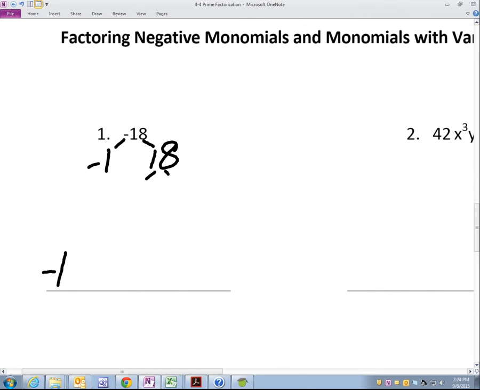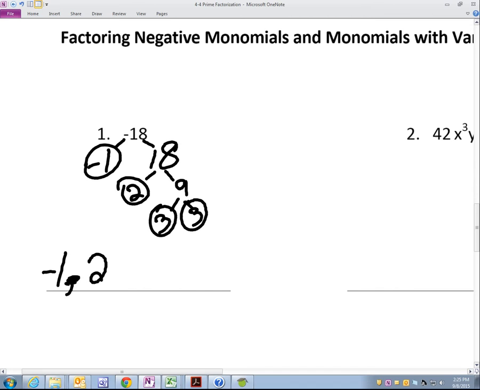Then you do the prime factorization. And that's your answer. You got to get that out of there for it to hold true, because prime factorization, when you multiply them all together, you're supposed to have the final product, which is negative 18.